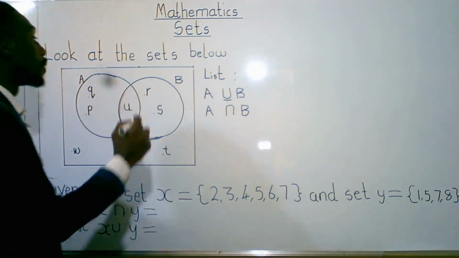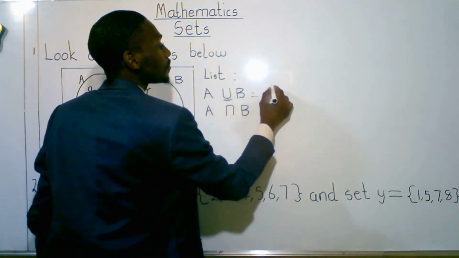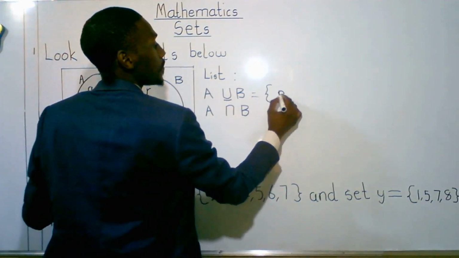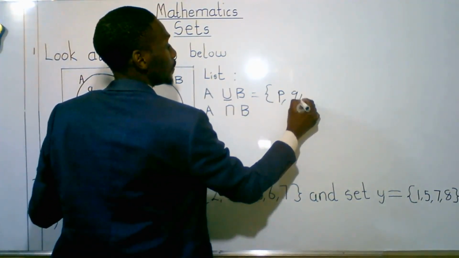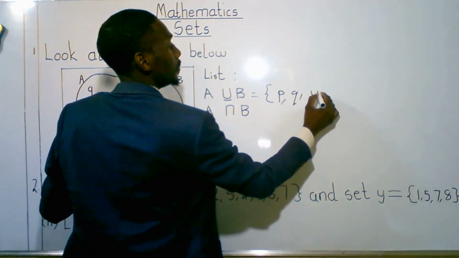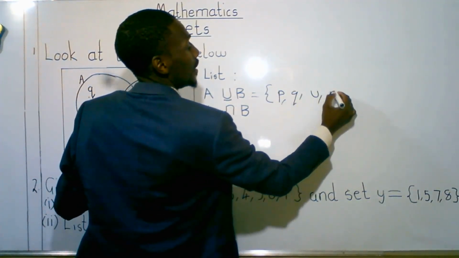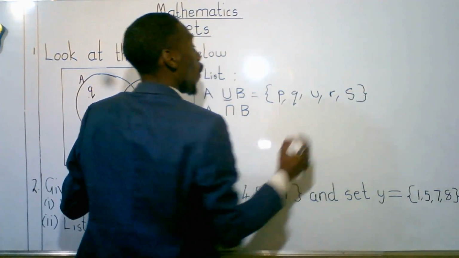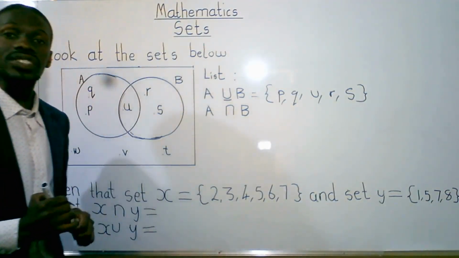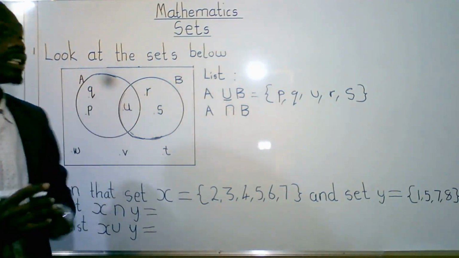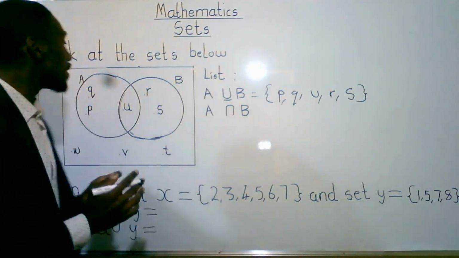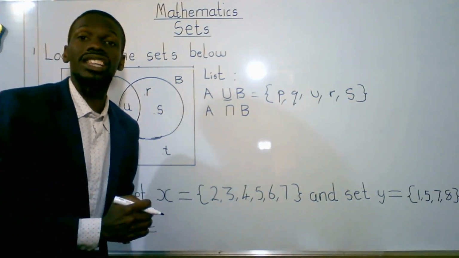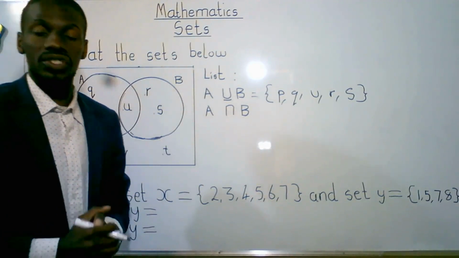So A union B is equal to P, Q, U, R, and S. We have formed a union set of A and B. The elements that are in A and the elements that are in B, when we put them together, we have formed a union set.